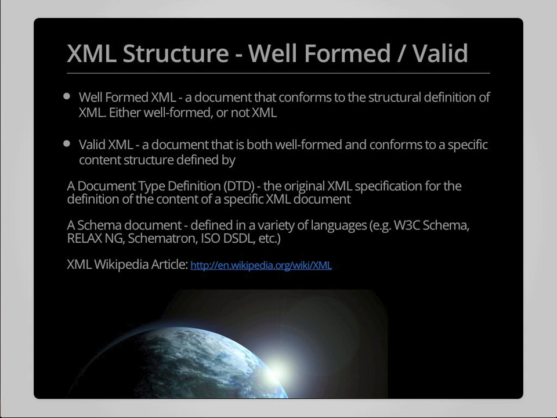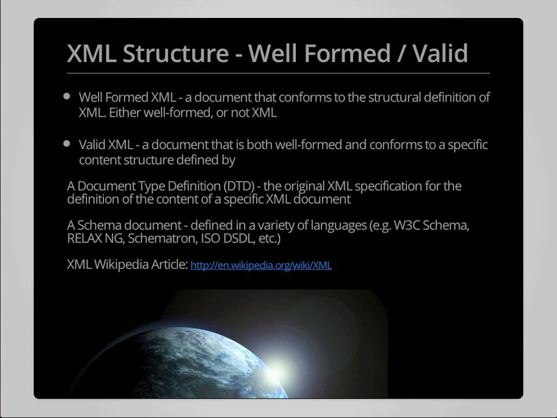One of them comes from the W3C. One of them is called Relax NG. Another relates to Schematron, a set of tools for defining XML schemas. There's an ISO schema and others. So the schema documents are the current state of the art for defining what the structure and content of an XML document should be.